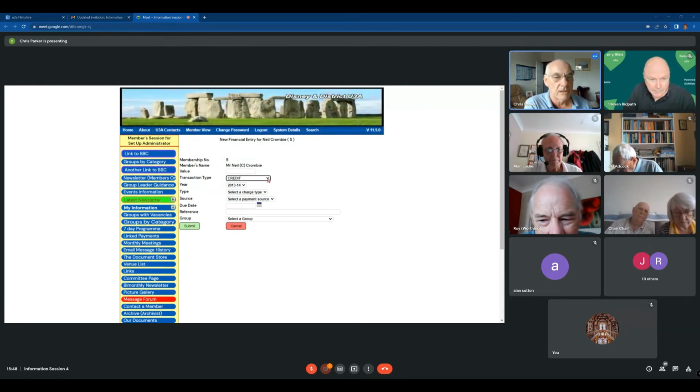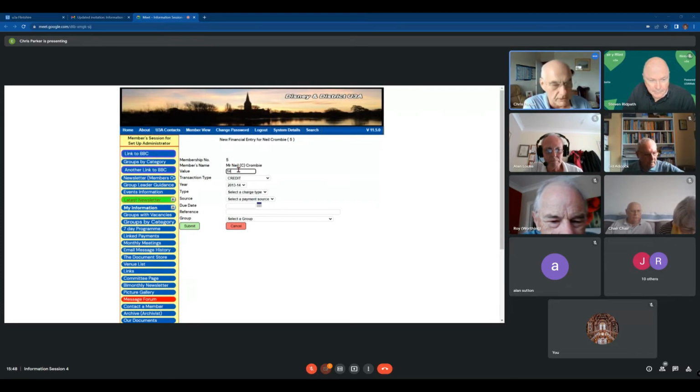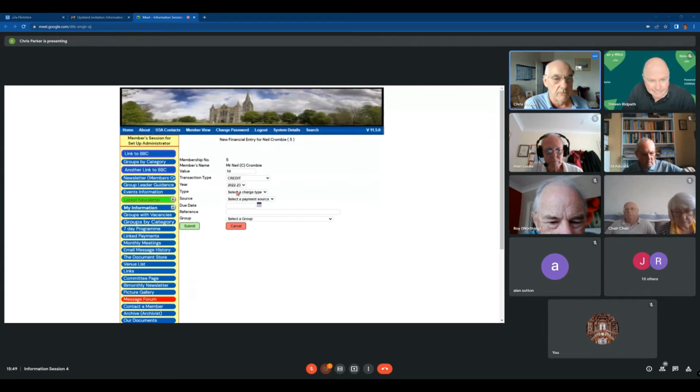Yeah. So a credit will reverse out that charge. So if we wanted to get rid of that £14, we would raise a credit. Simply done by putting 14 in the value, picking the year, which is 22, 23. The charge type is a membership fee, which we want to get rid of.